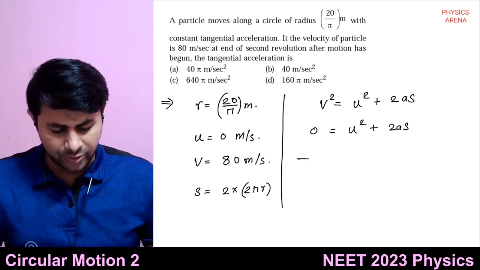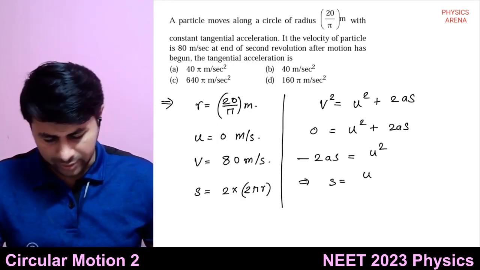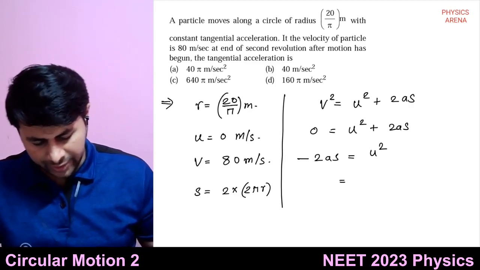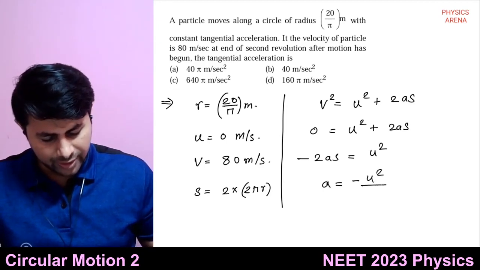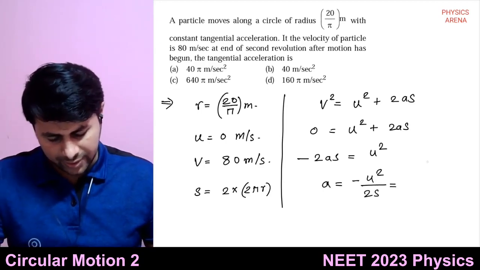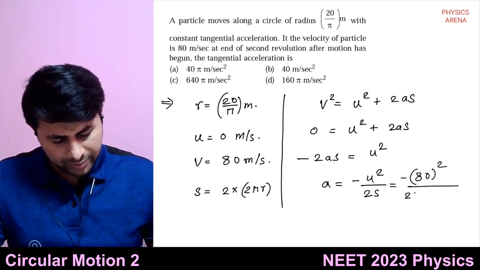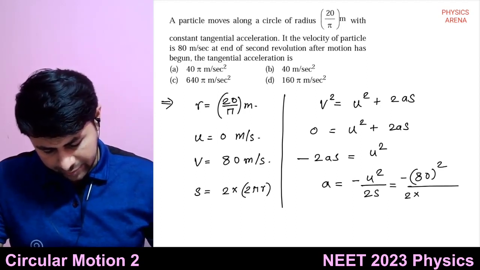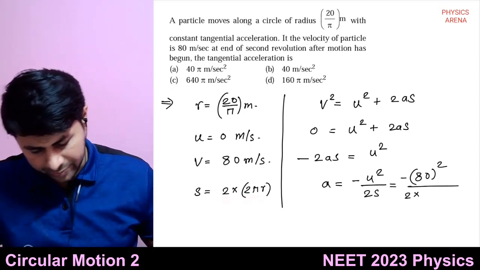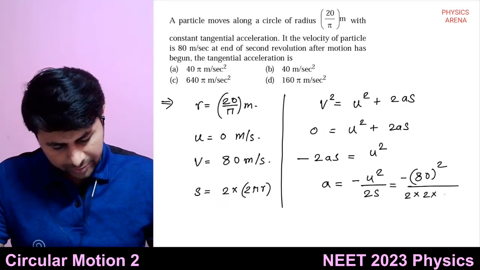So a is equal to minus of u square divided by 2 times s. It is 80 square divided by 2 times s, and s is 2 multiplied by 2 pi r.